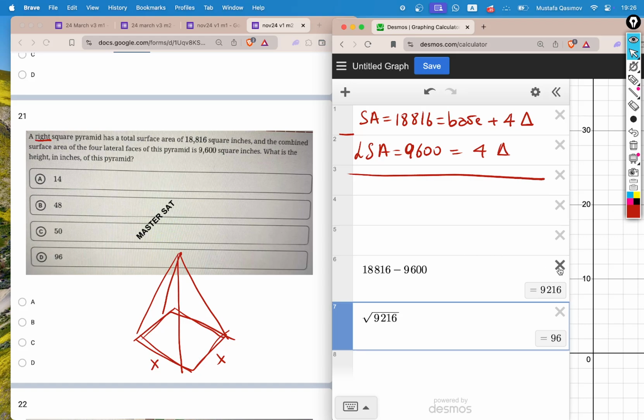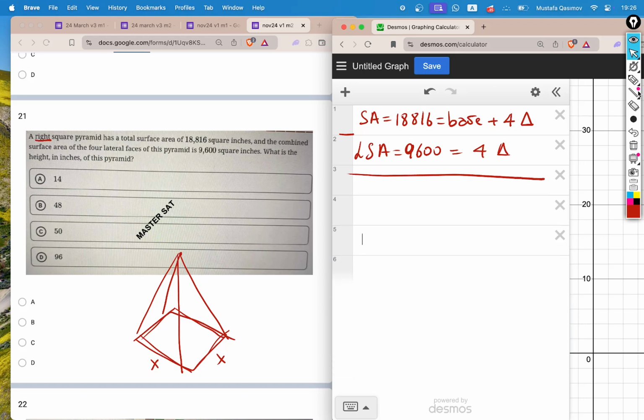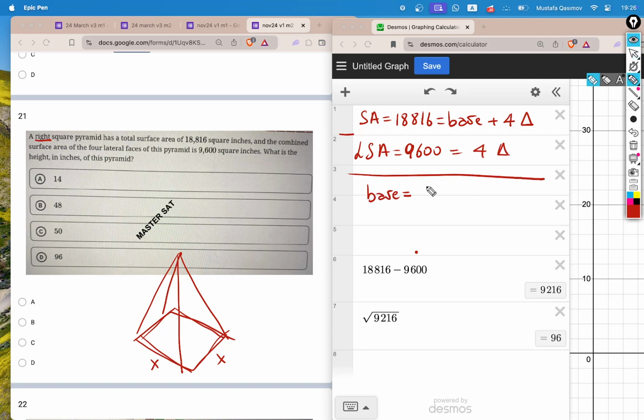So it is 96. So it means that the area of the base is equal to 9216, and we know that this is a square, so x squared is equal to this value and x is equal to 96. So here it is 96.